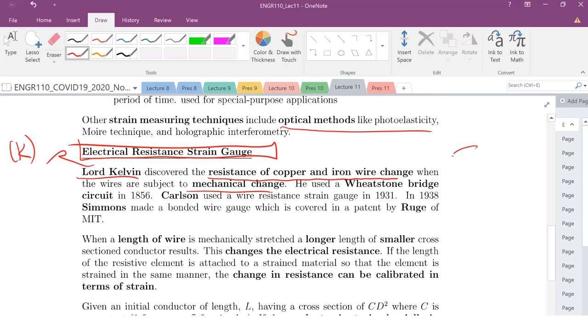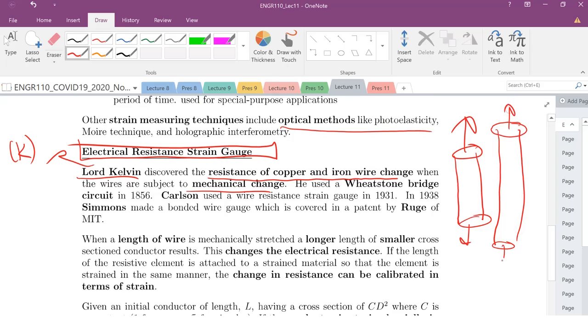So basically, if you have some type of wire like this, zoomed in view, you pull it, you change the length here, and there's going to be some strain axially, which is going to be some change in L over some L naught.